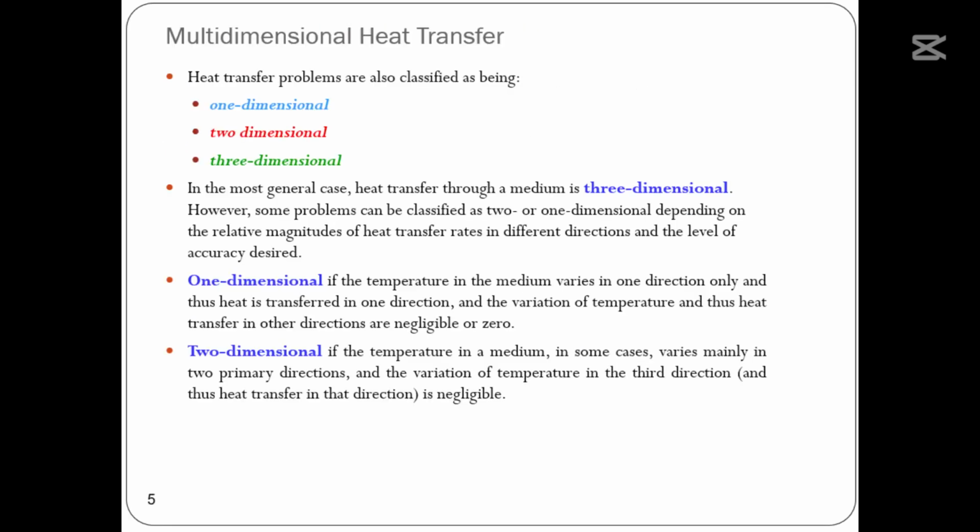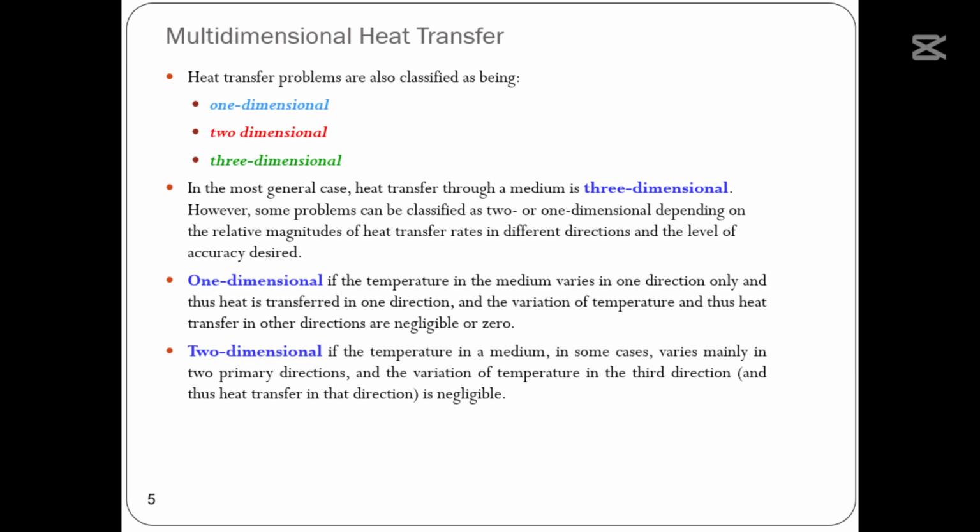Because we are considering the heat transfer equation, it can be in 1 dimension, 2 dimensions, or 3 dimensions. In the most general case, heat transfer through a medium is 3-dimensional. However, some problems can be classified as 2 or 1-dimensional depending upon the relative magnitudes of heat transfer rates in different directions and the level of accuracy desired.